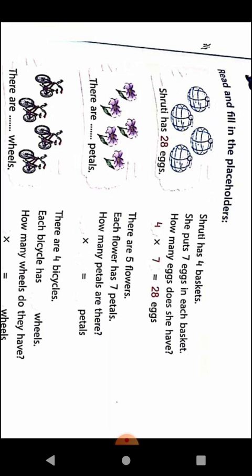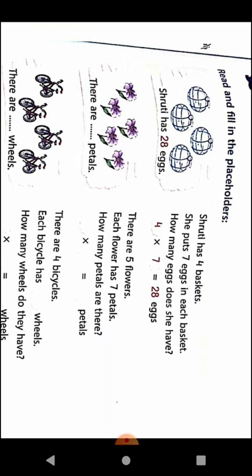That means you have 4 baskets of 7 eggs each. That means 7 plus 7 plus 7 plus 7. So instead of adding 7 4 times, we simply multiply 4 baskets and each basket has 7 eggs. So we multiply 4 by 7, that is 28. That means Shruti has 28 eggs.